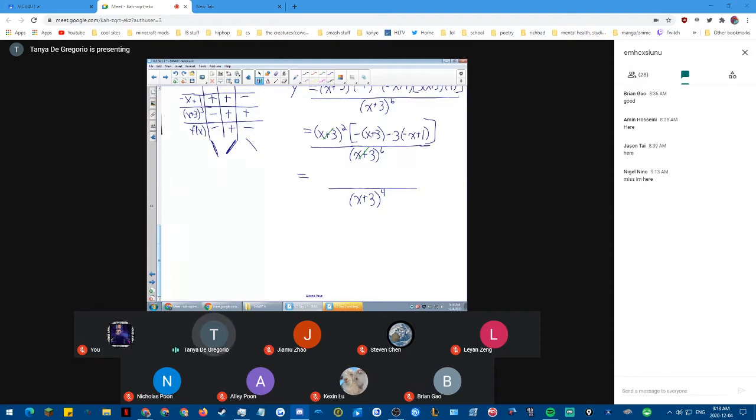Okay, over here. So I have -x minus 3 plus 3x minus 3. What does this clean up to be? And then what do I do next? And we set it equal to 0.